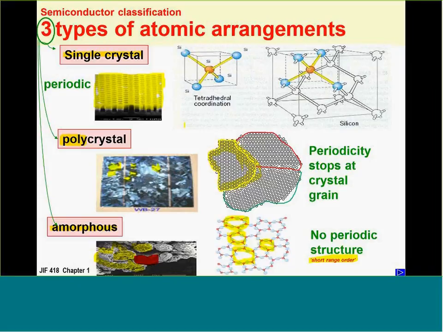So kiranya, by knowing what type of atomic arrangement ini, we can have some idea. Kalau amorphous LED tu, it's not efficient. Macam tu. Kalau amorphous, kalau kita dalam keadaan cuaca kita kat Malaysia ni, surprisingly, amorphous material boleh tahan lebih lama lagi daripada single crystal. Macam tu lah.